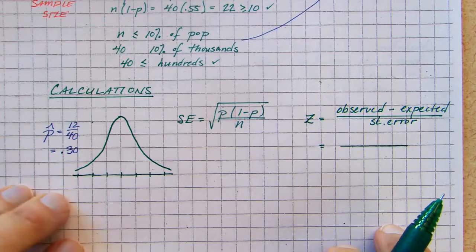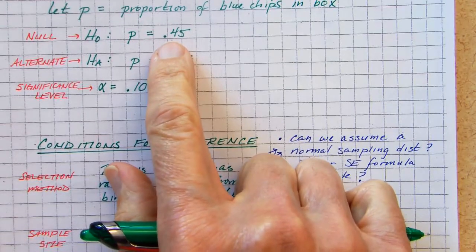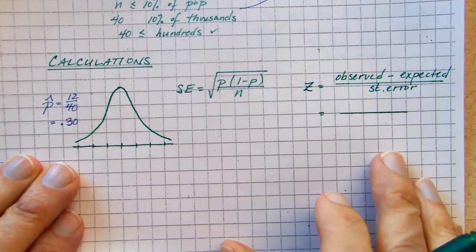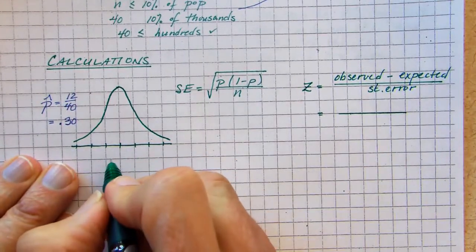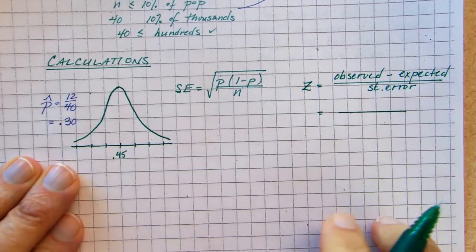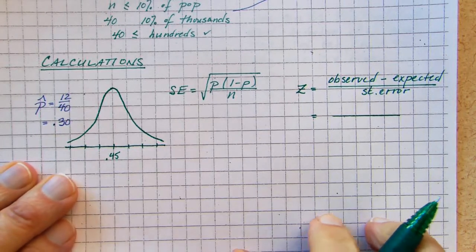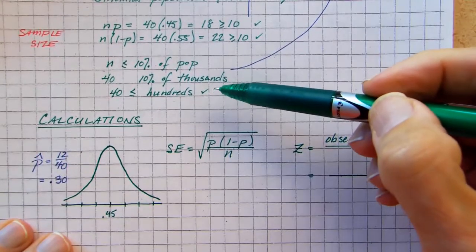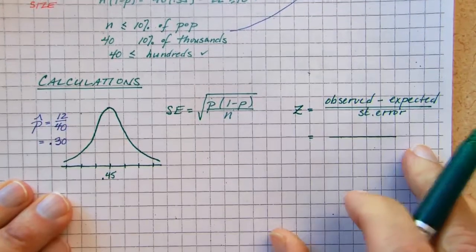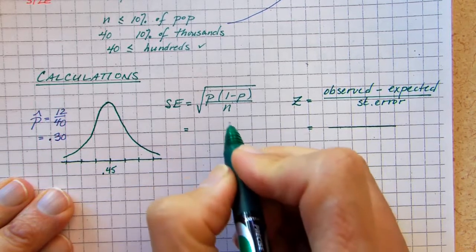Because of our hypotheses, P is 45%, so the sampling distribution is centered at a mean of 45%. And because we've satisfied this condition, we can use the standard error formula to get a good estimate of the standard error.